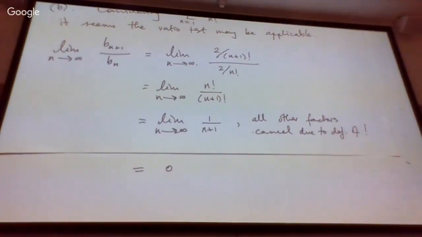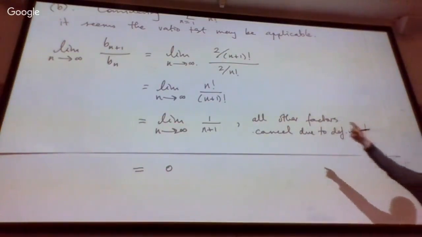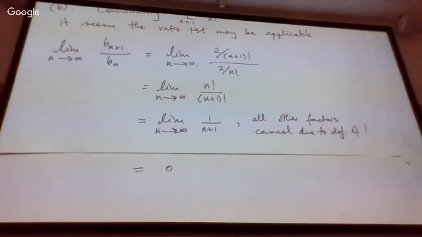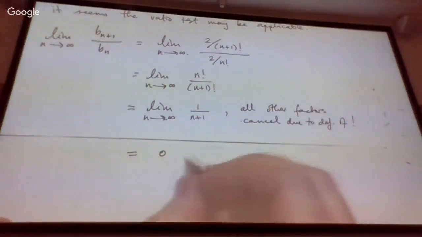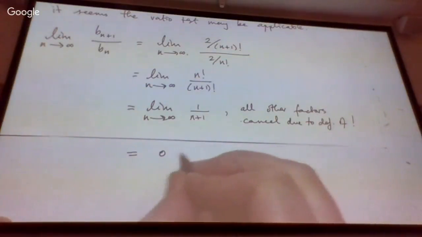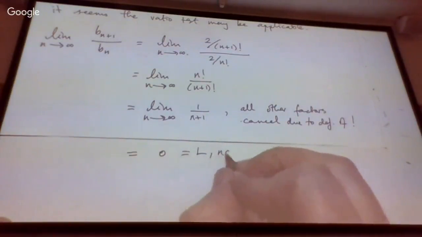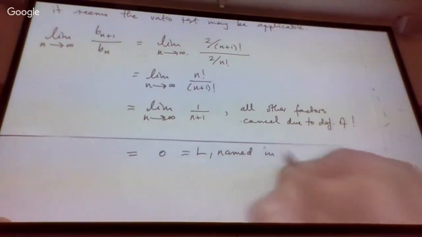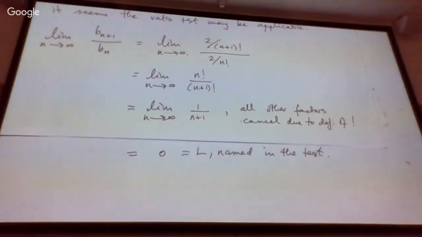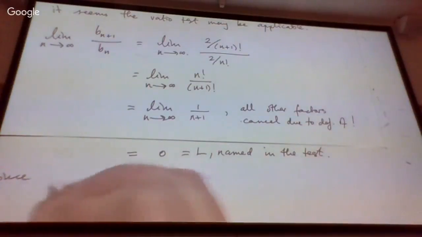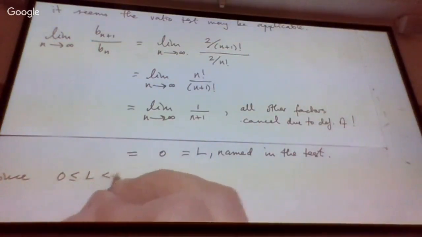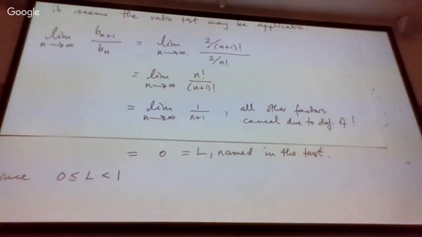Okay, so we've reached this intermediate stage. We've got the limit of the sequence of ratios to be 0. So this is our L, the L named in the series, named in the test. And we draw our conclusions about the nature of the series based on the value of L. So since 0 is less than or equal to L is strictly less than 1, that's the criteria.